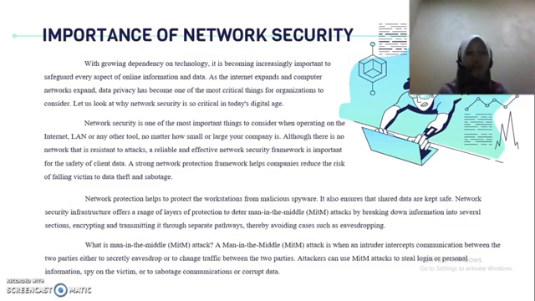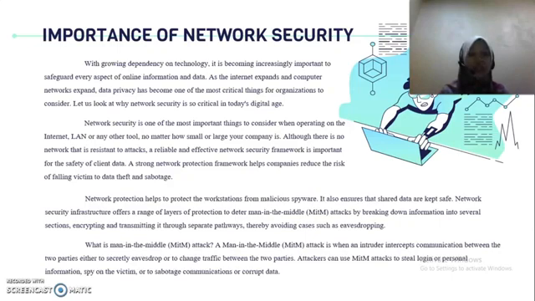So a strong network protection framework helps companies reduce the risk of falling victim to theft and sabotage. Network protection helps to protect the workstation from malicious spyware. It also ensures that the data that have been shared are kept safe.